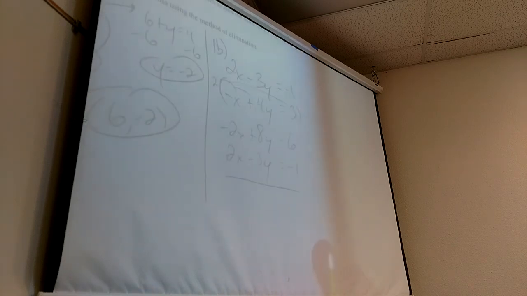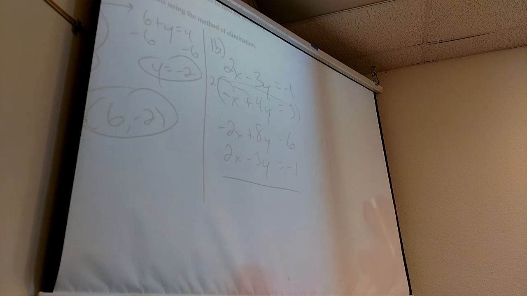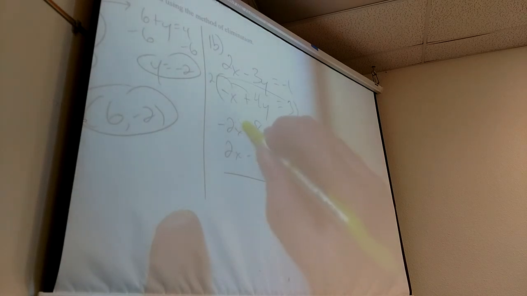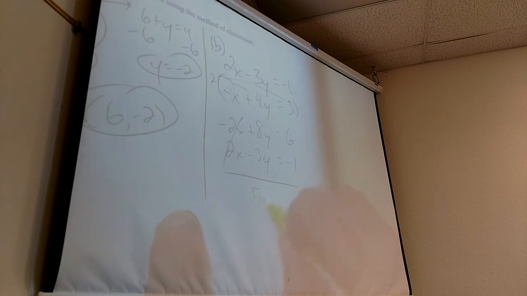Let me rewrite the first one down here again. Now I've put it in a form where something will die. If you combine things and there's still x and y, you've done nothing good. You haven't gotten anywhere. You want to get rid of one of the letters. There's too many letters. So here, of course, when I add these, the x's go away, I get 5y equals 5.